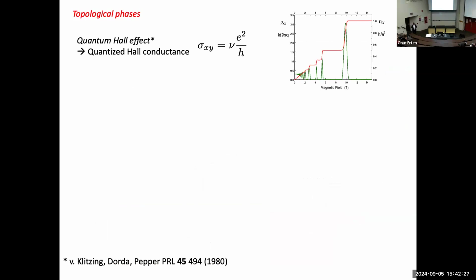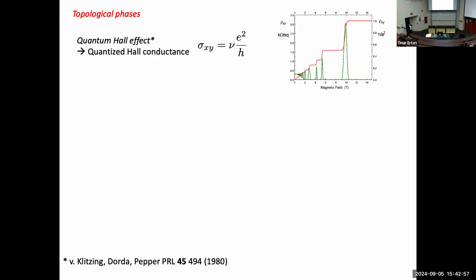Okay, so let me start by showing you maybe one of the most impactful data in the context of topological phases of matter. So this is the integer quantum Hall effect. Quantum Hall effect, I'm sure you have heard of in, I don't know, preschool. You take a two-dimensional electron gas, you apply a perpendicular magnetic field, and you measure the transverse conductivity, right?